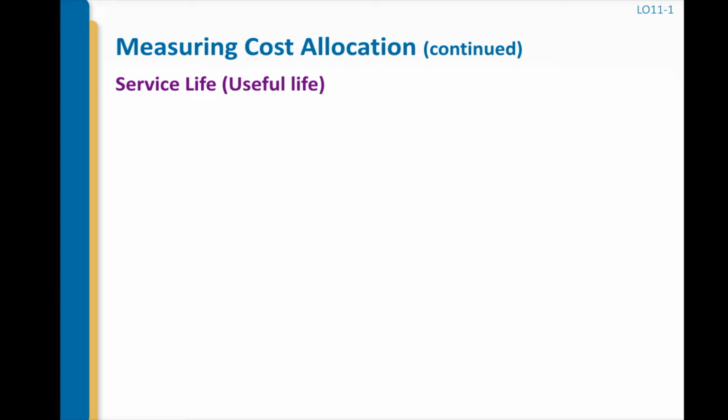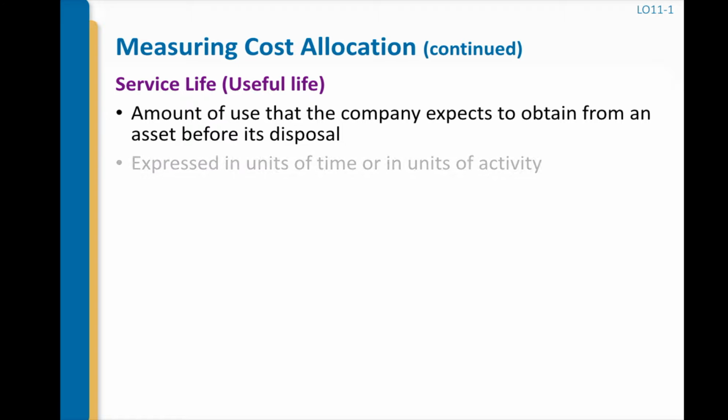Just by way of vocabulary, when we talk about physical life, that would be the upper bound, the maximum possible life that you could have for service life. So this is basically the length of time the asset stays in that form. Obviously, the physical life may be different than the service life.